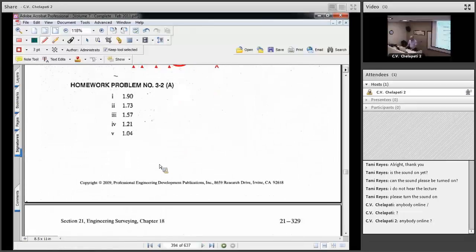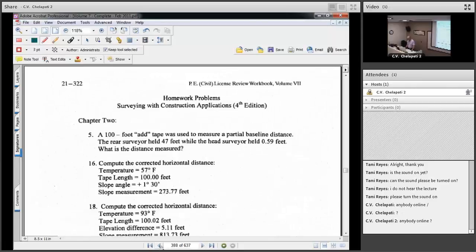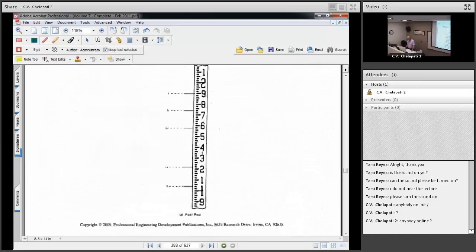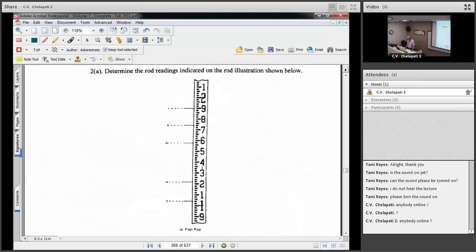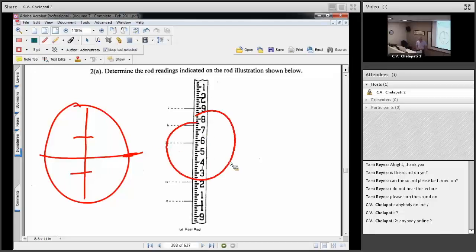All right, the next one is, let me go back. This one, we're reading a rod. So when you look through the level, it's going to look like this. And we're going to read the center hair, okay? So in other words, we're going to be looking through the instrument.